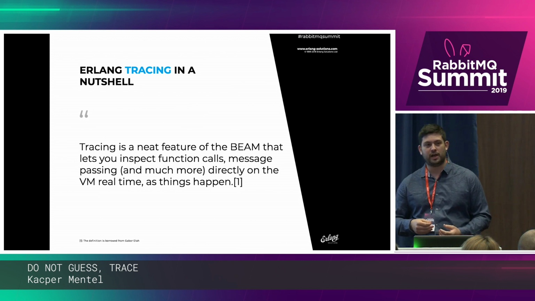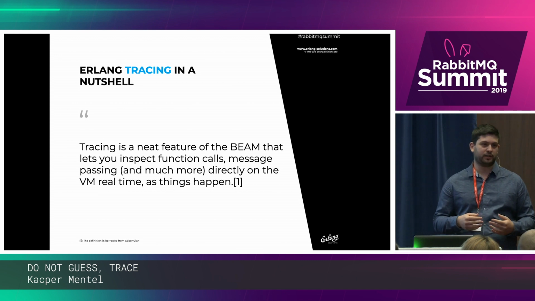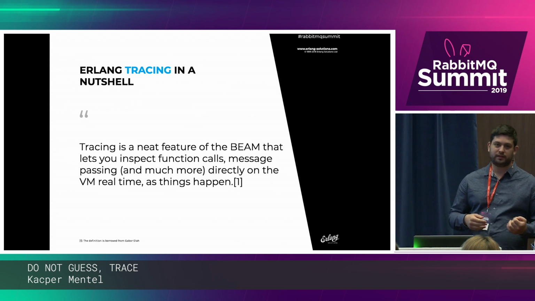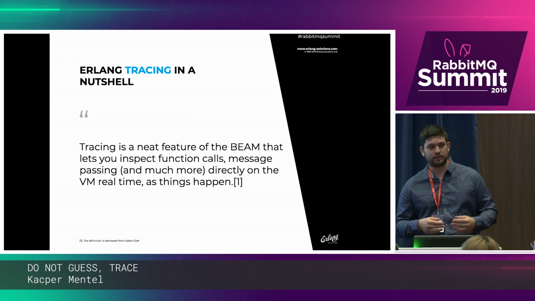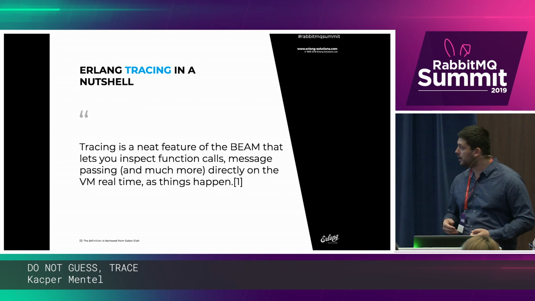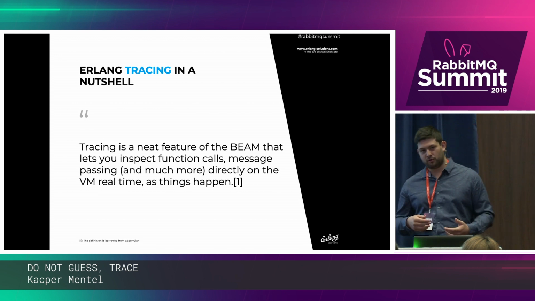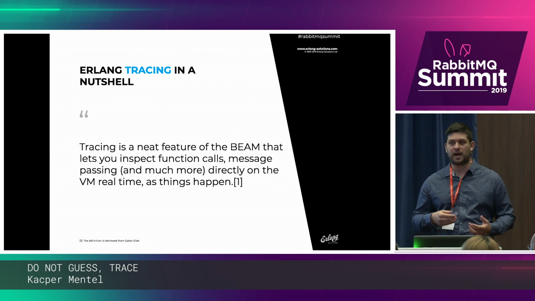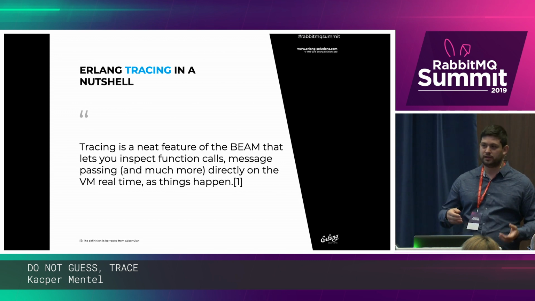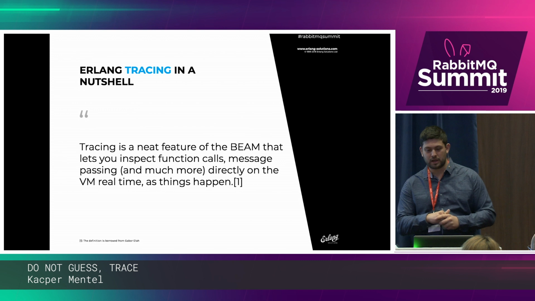You can enable tracing and provide a pattern that will match a particular function or functions. And when that function is called, there will be some information about that function call in the Erlang shell process mailbox, or if you use some higher level tracing library, like for example Recon, that information will be printed on the console.